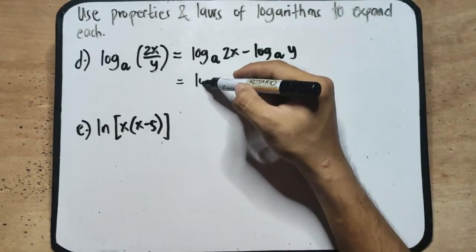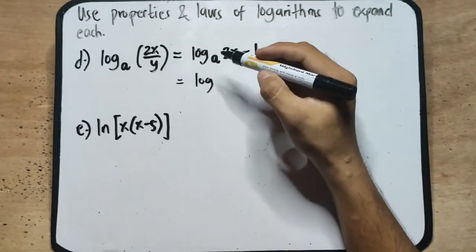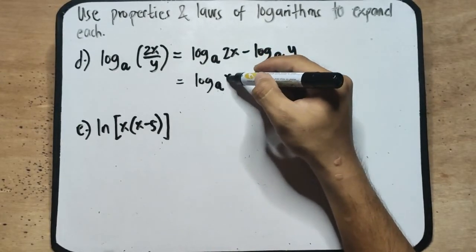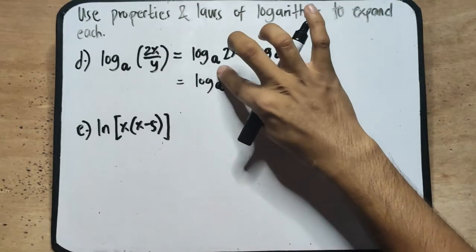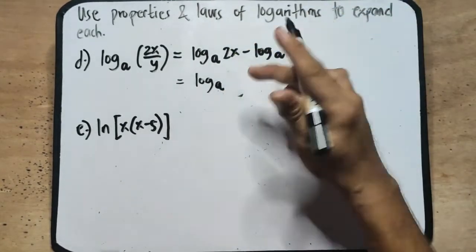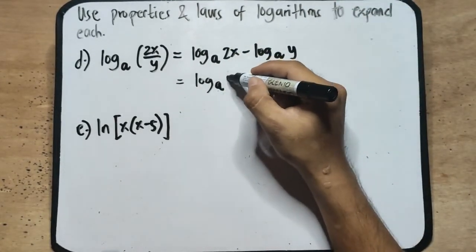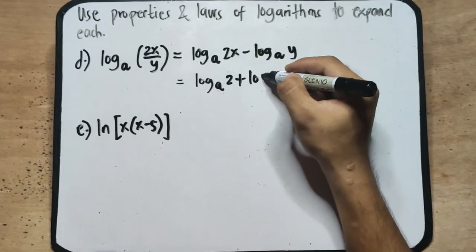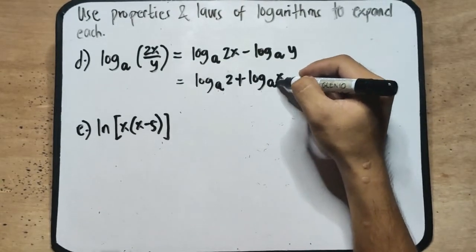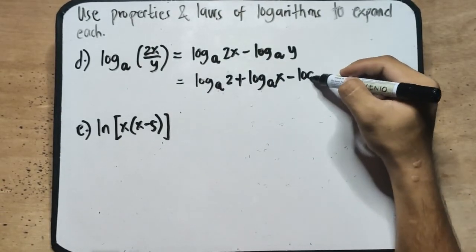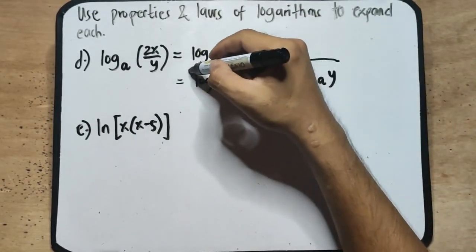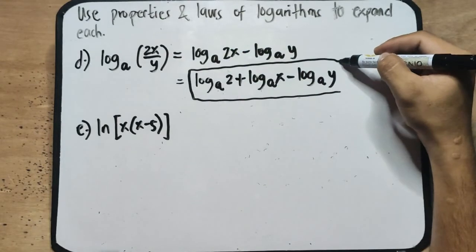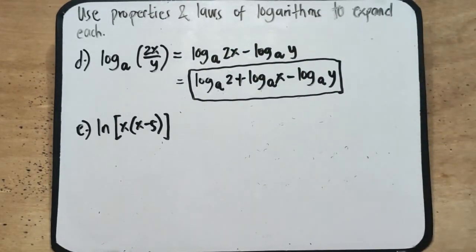This will be log base a of 2 plus log base a of x, then minus log base a of y. Kahit hindi na natin i-arrange, this will be considered a valid answer.